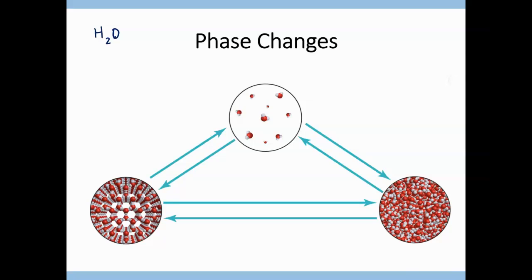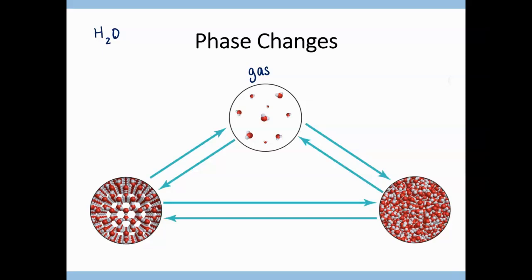Okay, which is on top, the top one here? Gas. Yeah, these particles are far apart. The gas phase is a higher energy phase for a substance. They're moving around a lot faster, so they have higher energy.